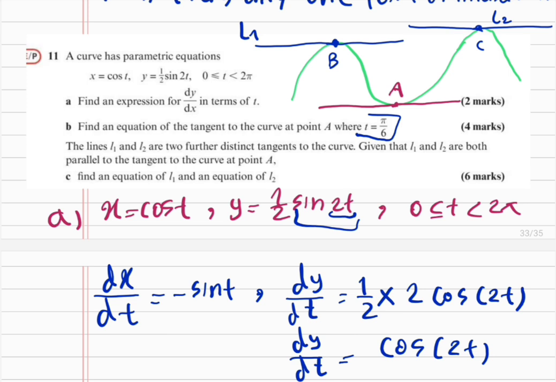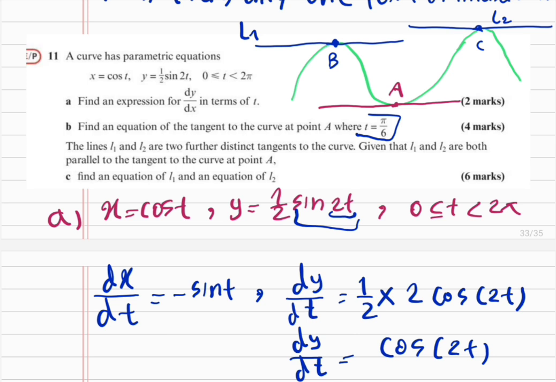But the other element is knowing the coordinates of the point that each line passes through. Points B and C in this case, we don't have them. So the objective is finding the coordinates of points B and C so that we can find the equations of the tangents. So now the question is, how can we find the coordinates of B and C?